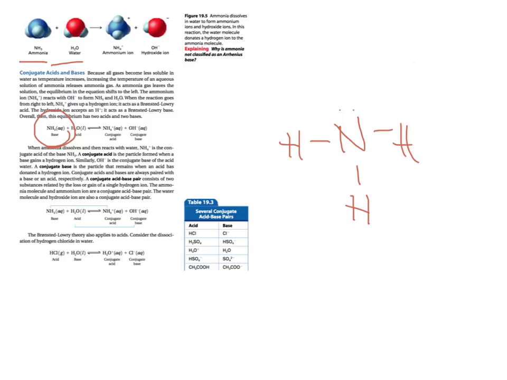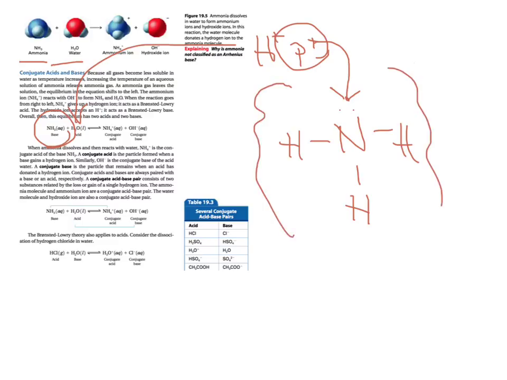Now, this unshared electron pair will readily accept a bare proton, which would be that H+ from my water that we talked about a few minutes ago, because remember, that's all that is. And that will associate itself with that particular unshared electron pair to form, once again, the ammonium ion, which will have that positive charge. So that's how the ammonia is the base. It will be the proton acceptor.